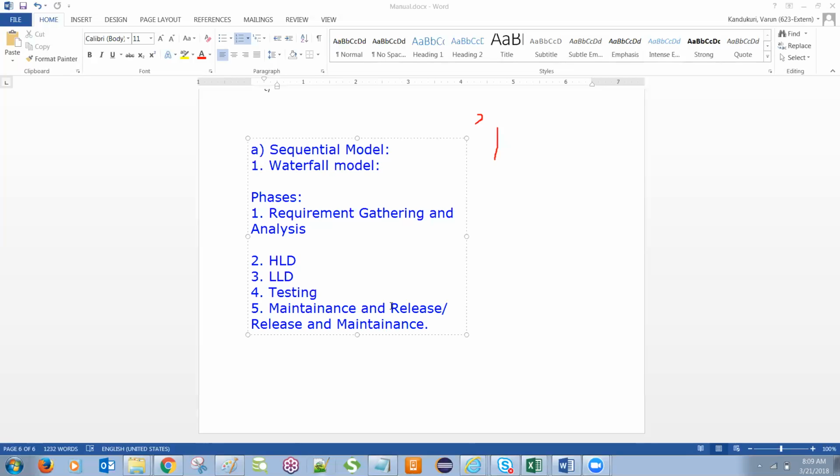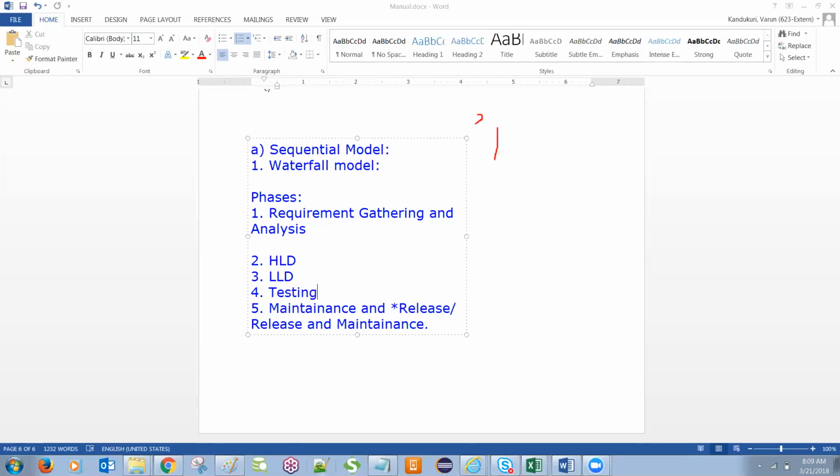But the BA will tell the customer that we have a maintenance team that can maintain the project for a long time, and if the customer wants, they will be charged for that period. Then the maintenance phase comes into the picture. Maintenance is optional; release is very important.